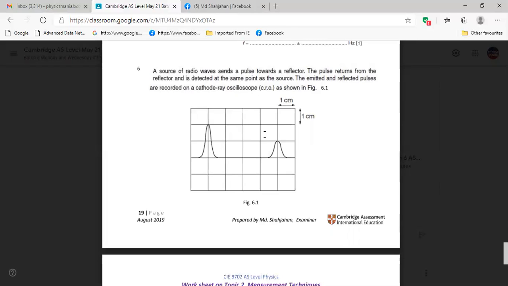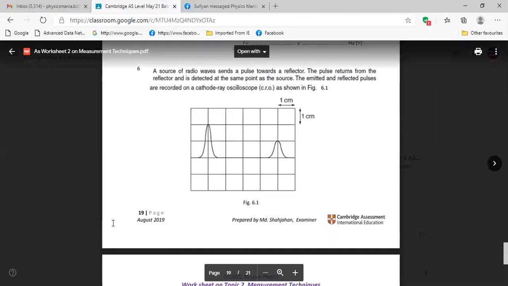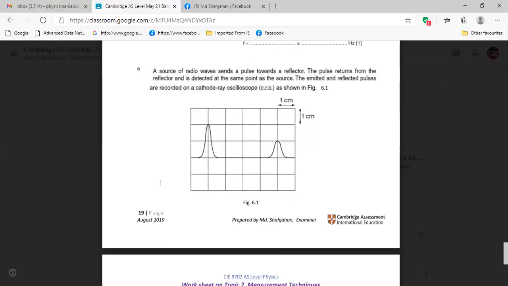So you write that this is the time for the reflected pulse, the returning back of the pulse, this time. Then the time to reach the reflector you can also find, right? Isn't it? Yes, sir.